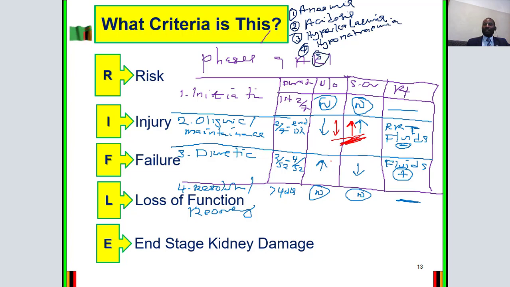The fifth one is pulmonary edema. The sixth one, you may talk about shock. All right, so we have covered the KDIGO criteria, the AKI criteria, and the RIFLE criteria.